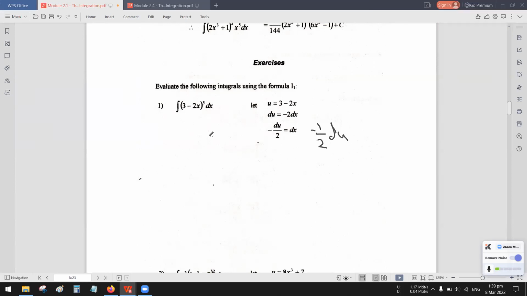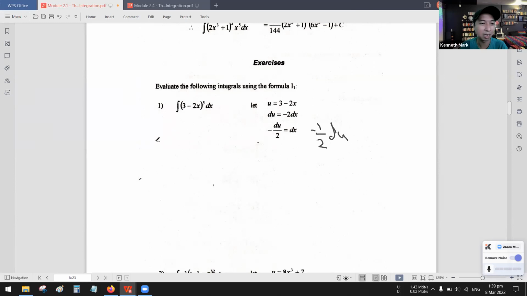So ano yung next step natin dito? So we can have the integral formula or substitution natin, that is integral of u to the n du, di ba? Wherein yung u natin is yung 3 minus 2x, and then yung du natin is negative 2dx. Pwede pa natin ito ma-expand using the power rule.